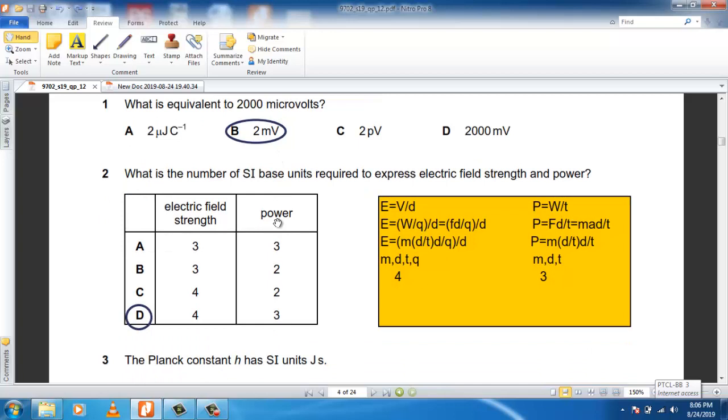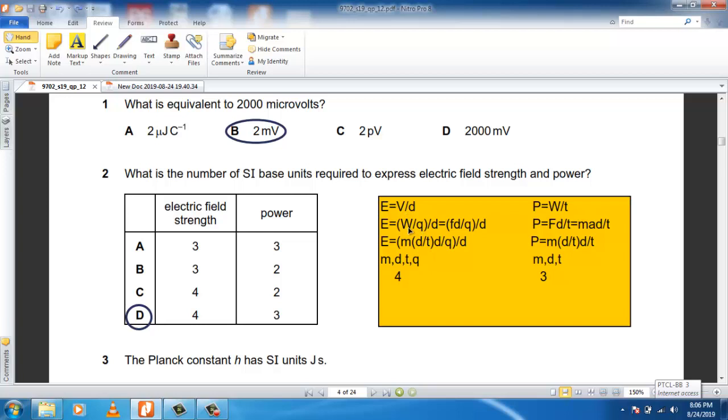Question number 2 asks: what is the number of SI base units required to express electric field strength and power? In this question, you have to break electric field strength and power into pieces. Electric field strength is voltage applied per unit distance, and voltage is energy supplied per unit charge, or work done per unit charge.